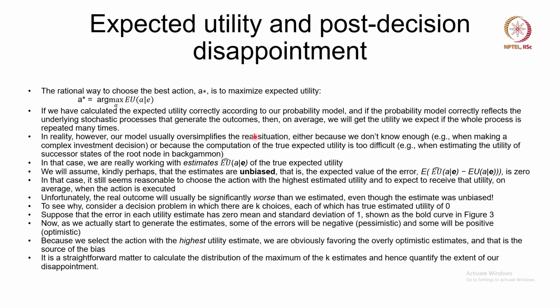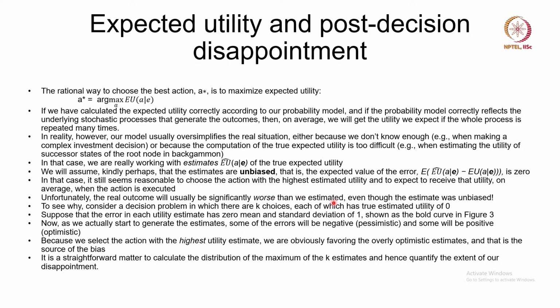So you make that estimate EU, but EU may not be exactly correct. We are working with the estimate EU, which is given in this way. If you take the difference between the estimated expected utility and the actual expected utility, you want this difference to be 0. But you make an estimate and it may not actually be correct.